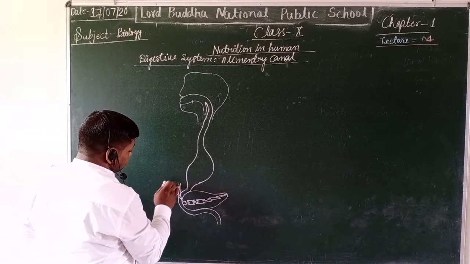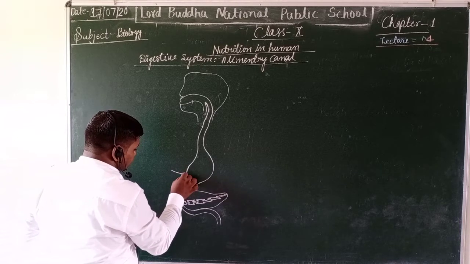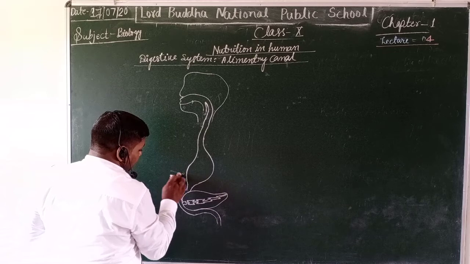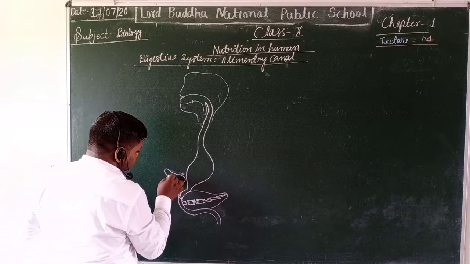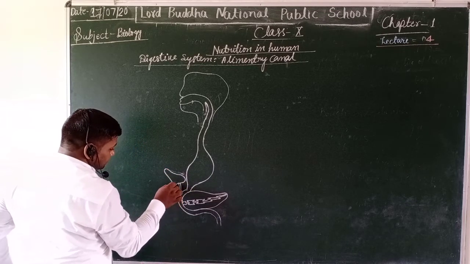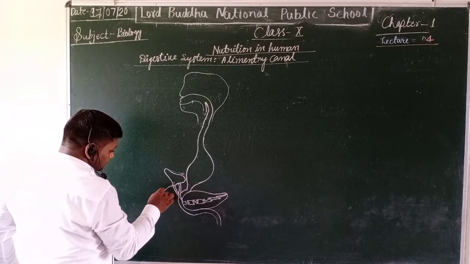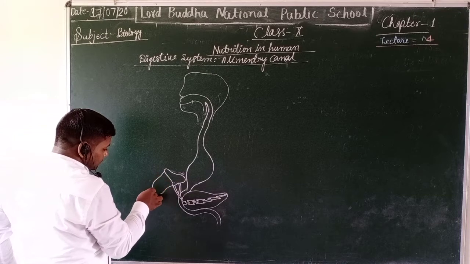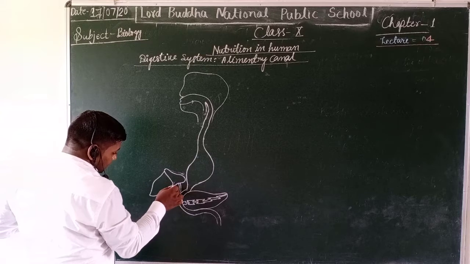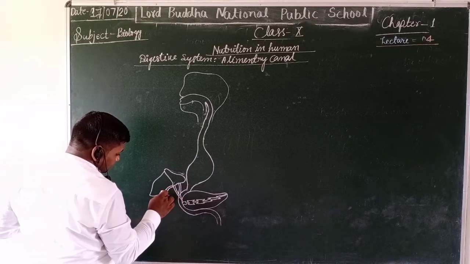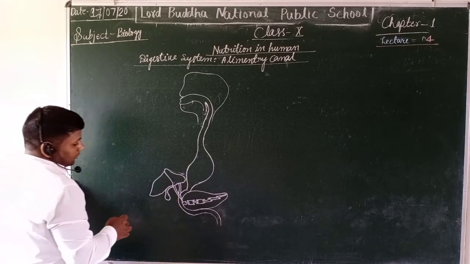This is known as the liver, the largest gland in our body. It is the largest exocrine gland, and it contains a pear-shaped structure known as the gallbladder.